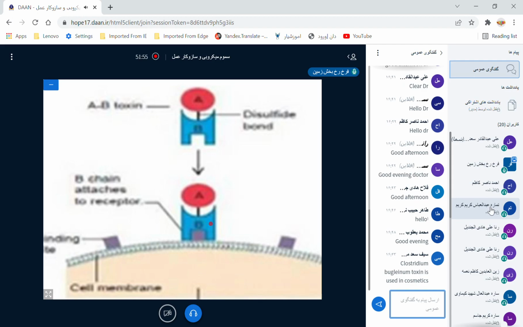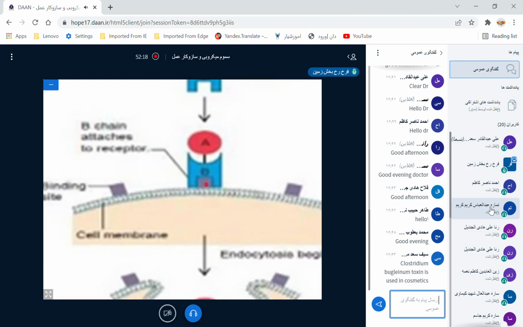So the B subunit is trying to find its own receptor, and any cell that has this receptor is the target cell. So now A is attached to B, B is attached to the receptor, and the receptor is on the target cell.